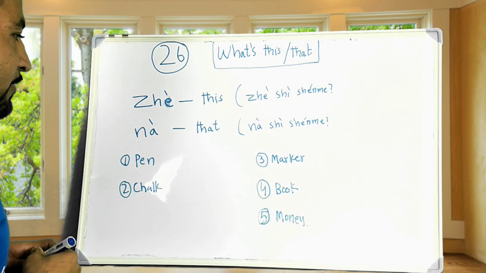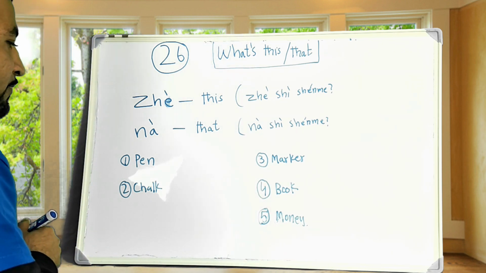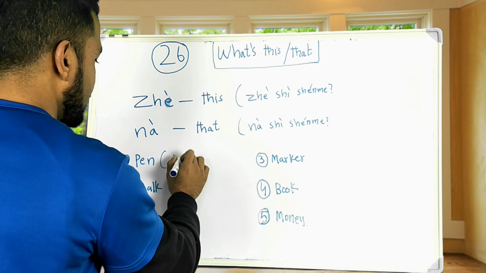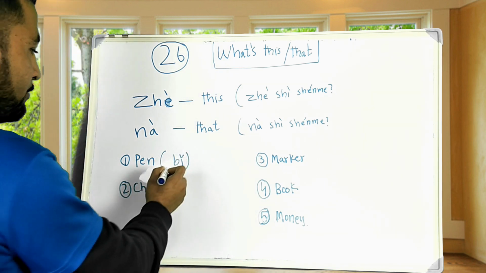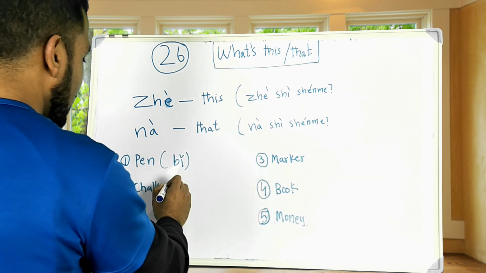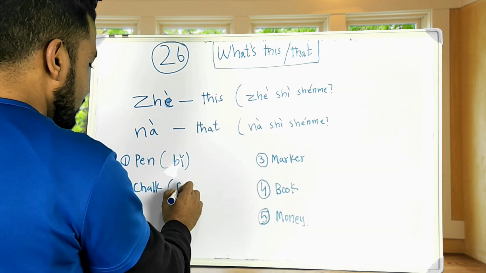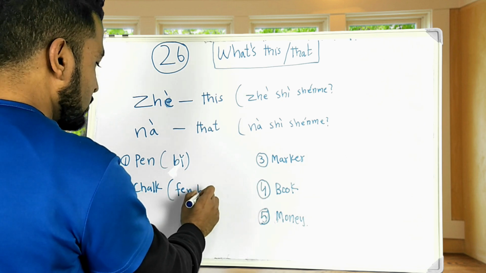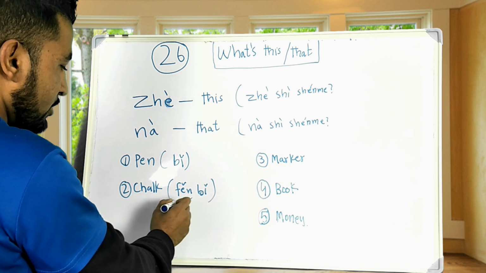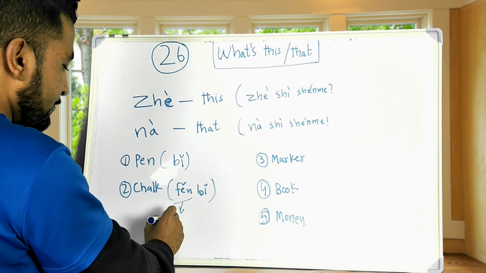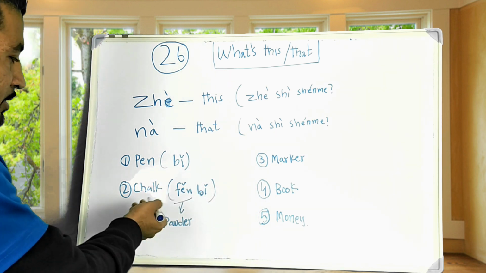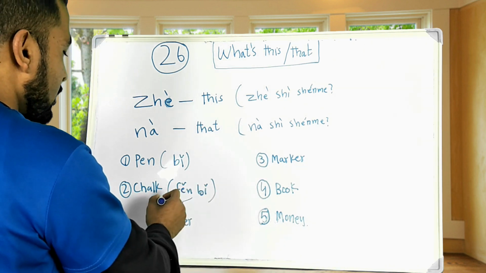Okay, so first of all, we will learn how we say these 5 words in Chinese. Pen, we normally say 笔, bi with third tone. Chalk is 粉笔. Fen actually means powder, so powder pen gives the meaning of chalk.